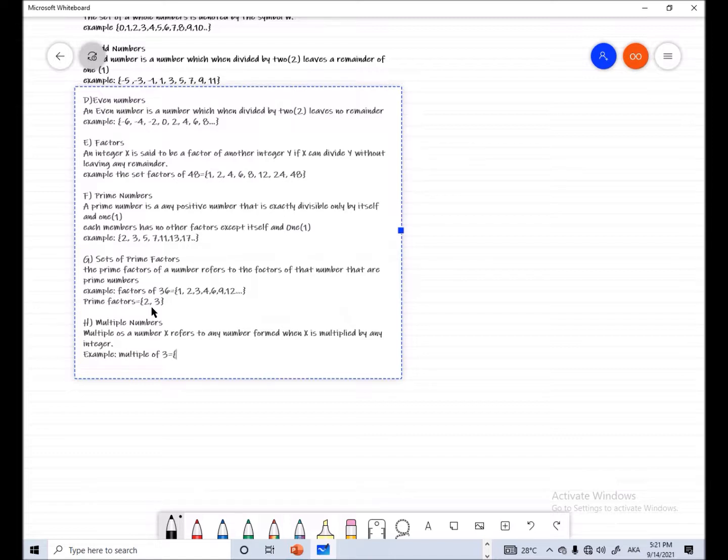So 3 times 1 is 3, 3 times 2 is 6, 3 times 3 is 9, 3 times 4 is 12, 3 times 5 is 15, 3 times 6 is 18, 3 times 7 is 21. That's the multiples. Let's end it here, because we've done a lot.